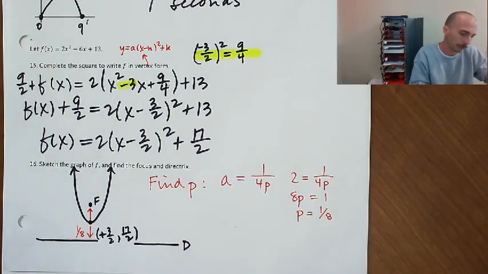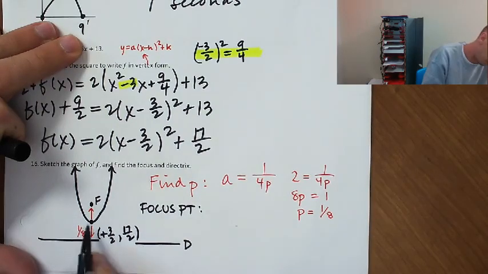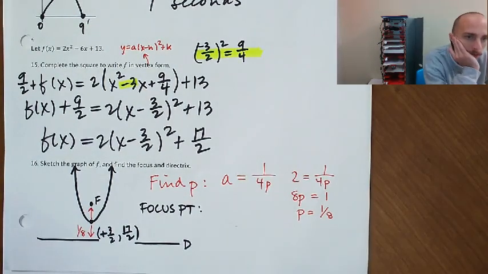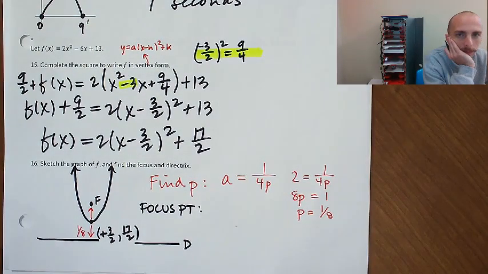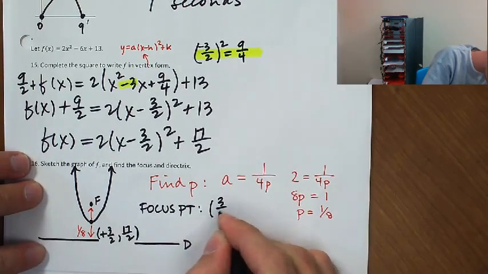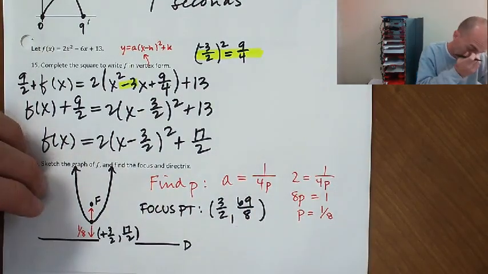All right. Now, the focus point has the same x-coordinate, it's just up by 1/8. So 17 times 4, it's 40, and 28, and 68. So I've got 68 over 8, and then I'm going to add 1/8, so I'll have x equals 3/2, it stayed the same, and y is going to be 69 over 8.